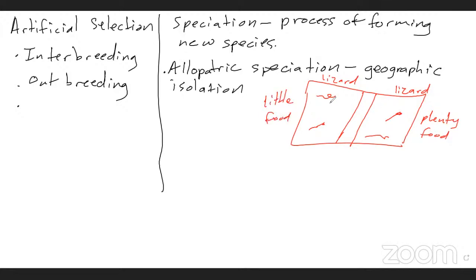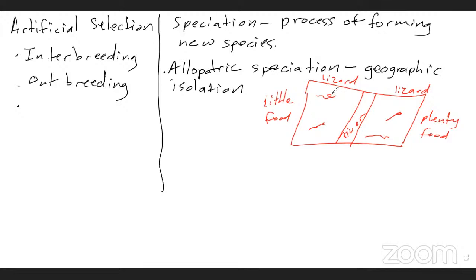All right. So look, the lizards with little food would have to develop certain adaptations. So this is like a river. The point is, something is going to separate a population, a species, right? Over time, they develop different adaptations. Many, many years after, they basically become new species.